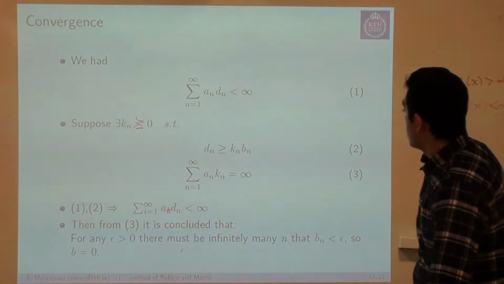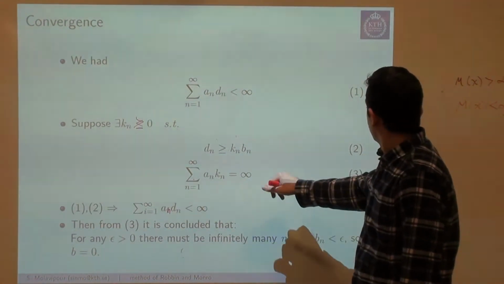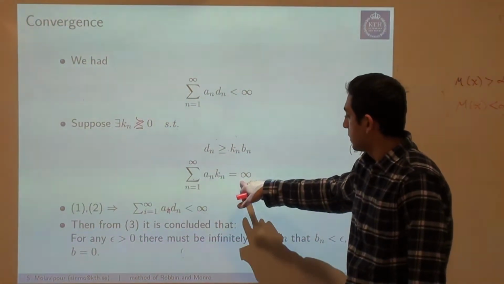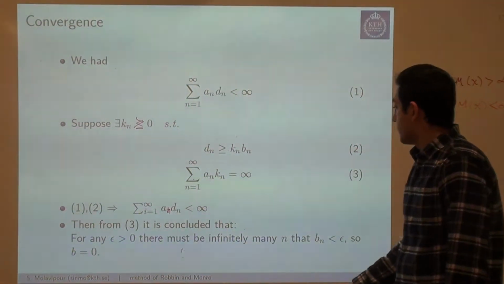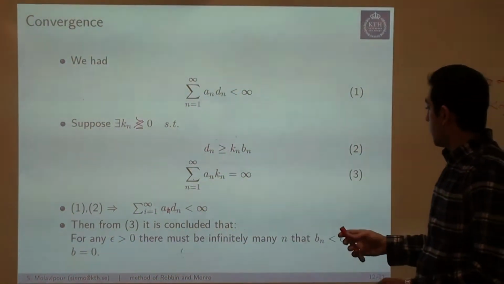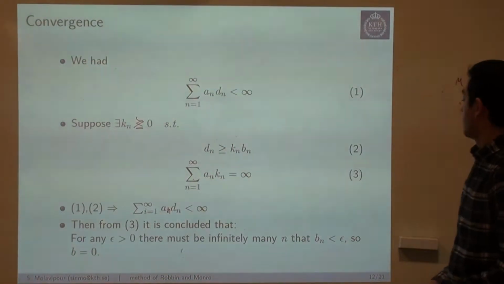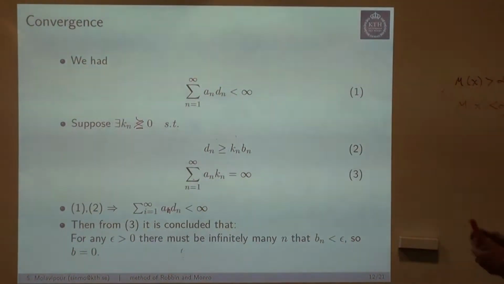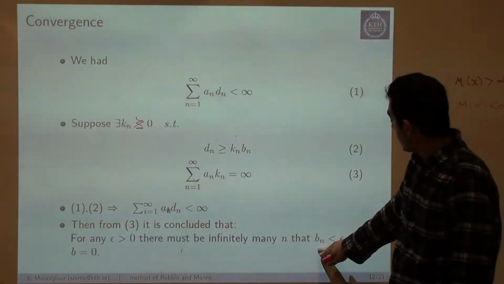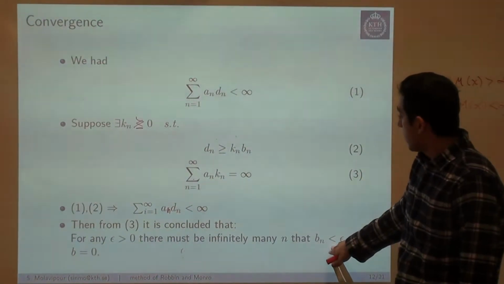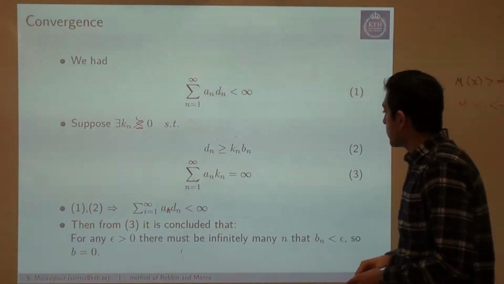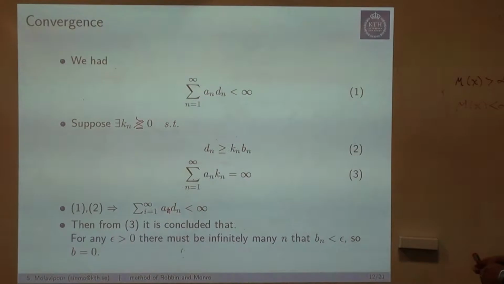Also using 3 here, which is infinity, we can say that for any epsilon, there are many values of Bn which are very small. Maybe it's better that I do the calculations on the board.